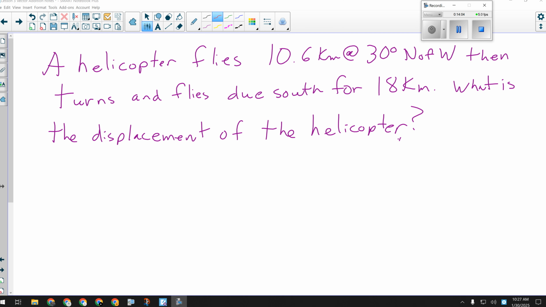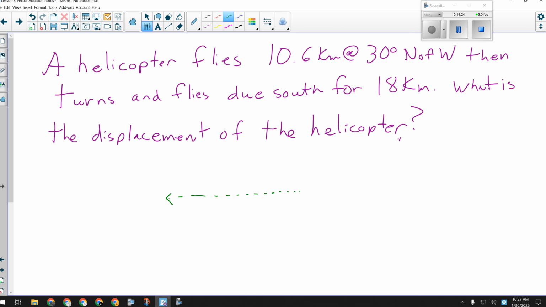All right, let's just look at the diagram here to get ourselves started. So our first vector is 10.6 kilometers at 30 degrees north of west. The way I do this in order to make sure I get at least an accurate drawing is I draw a dotted line that goes west because it told me it's 30 degrees north of west.